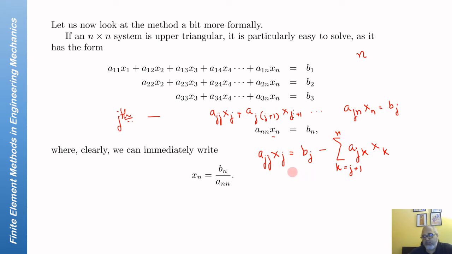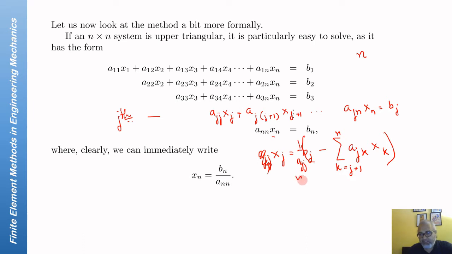So this is how you will get ajj xj, and then dividing by ajj you will get xj. So this is the back substitution process for the jth step, and doing this you will go from j equal to n all the way up to j equal to 1, and you will get the entire solution.